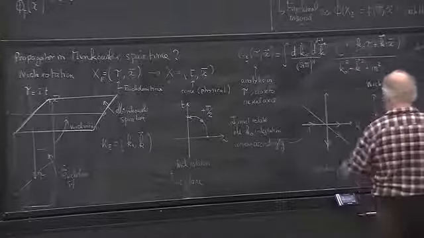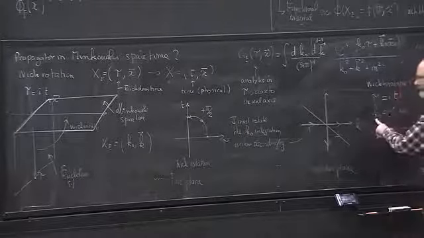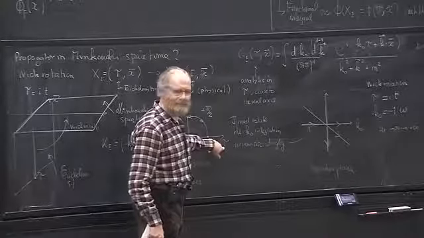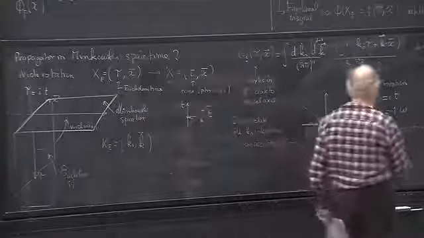So omega is minus the imaginary part of k naught, while t is the imaginary part of tau. You see? So this is Wick rotation.